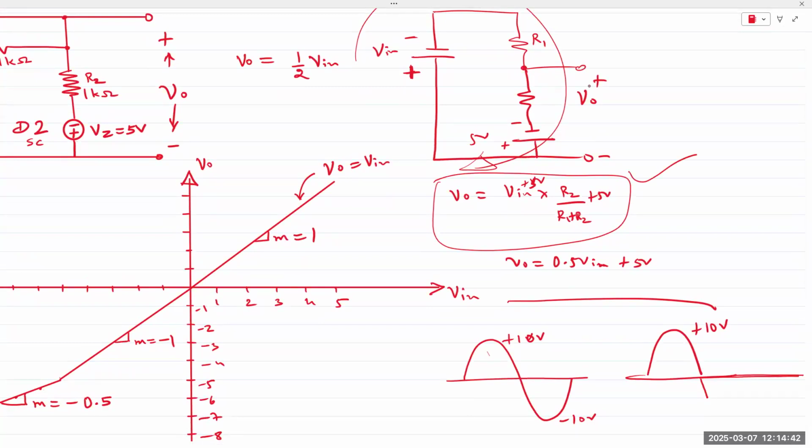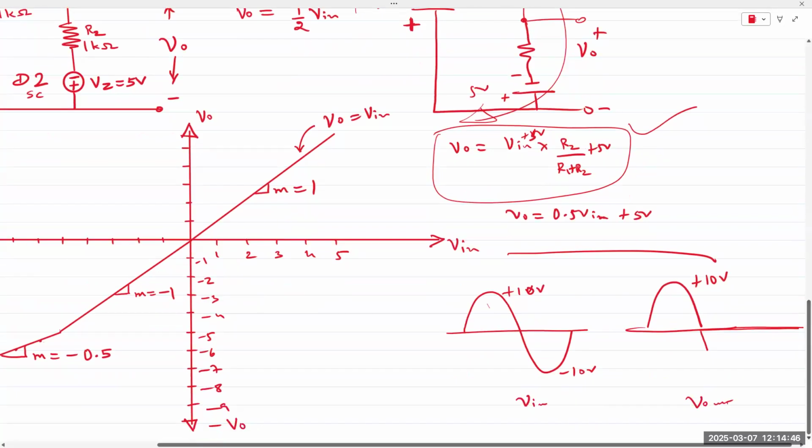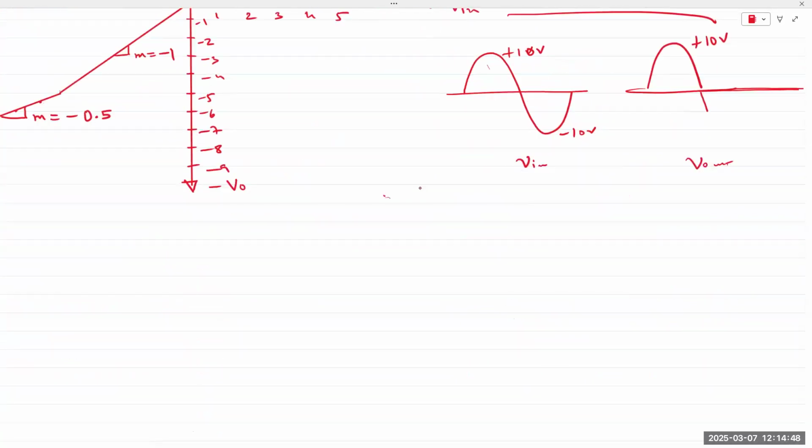Okay. So now let's actually use the numbers. Let's say V in is 6 volts. So what is the total voltage being applied to the two resistors? 11. So the V in plus 5, 11 volts being applied to the two resistors.